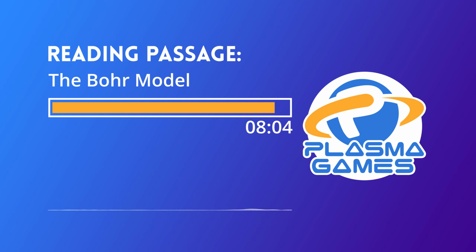Determine the number of valence electrons in each atom. 6. Which atoms had the most valence electrons, least valence electrons? 7. Which atoms would be the most stable? Explain your answer.